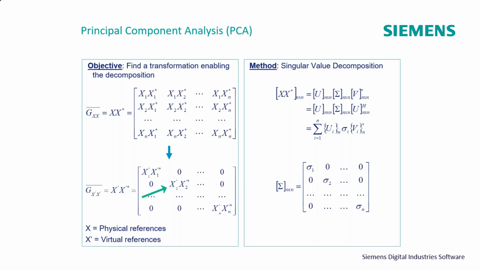It's a mathematical transformation from the original cross power matrix to this set of virtual references. On the right side shows the method we're using. We're using singular value decomposition to do this. And when we rank the singular values, we have values on the diagonal, and we have zeros on the off diagonal. And when we look at the reference auto power matrix in the lower left corner, that's the scaling factors on those singular values.